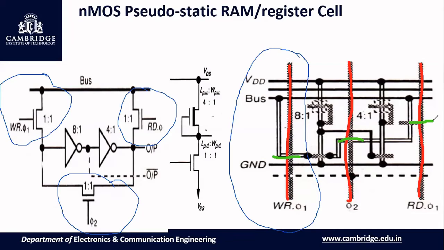And there are two inverters. One inverter has a ratio of 8:1, the other has a ratio of 4:1. The inverter stick diagram you can see here in between.